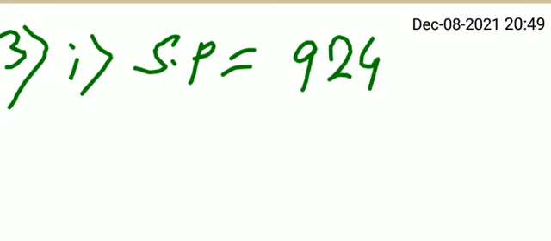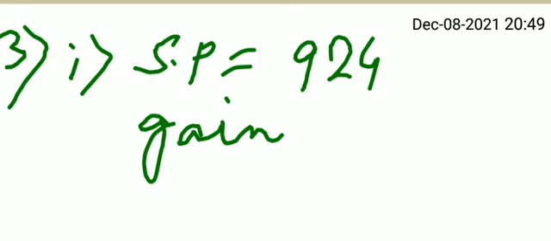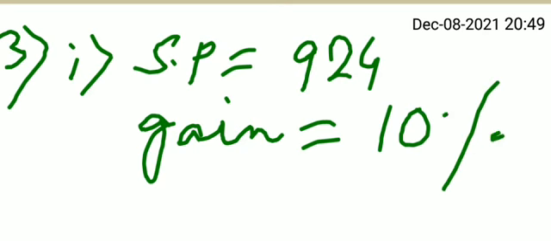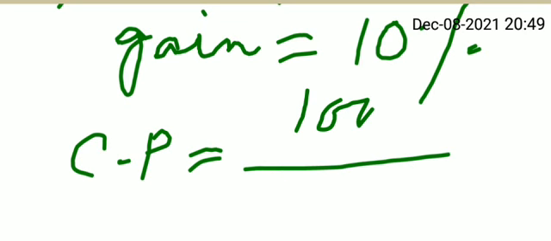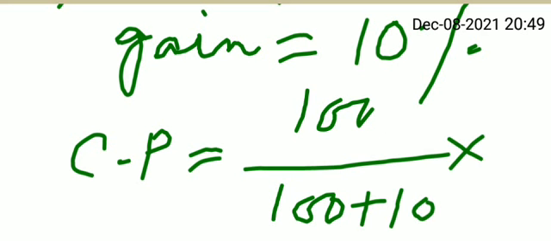Here selling price is given, 924 rupees, and gain is 10%. So therefore the cost price will be, you know the formula, 100 by (100 plus gain), gain means here 10, into SP, 924.